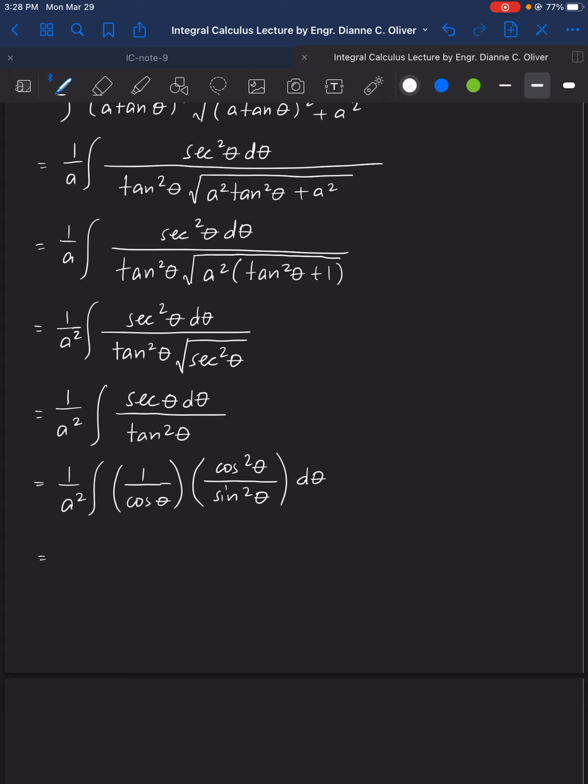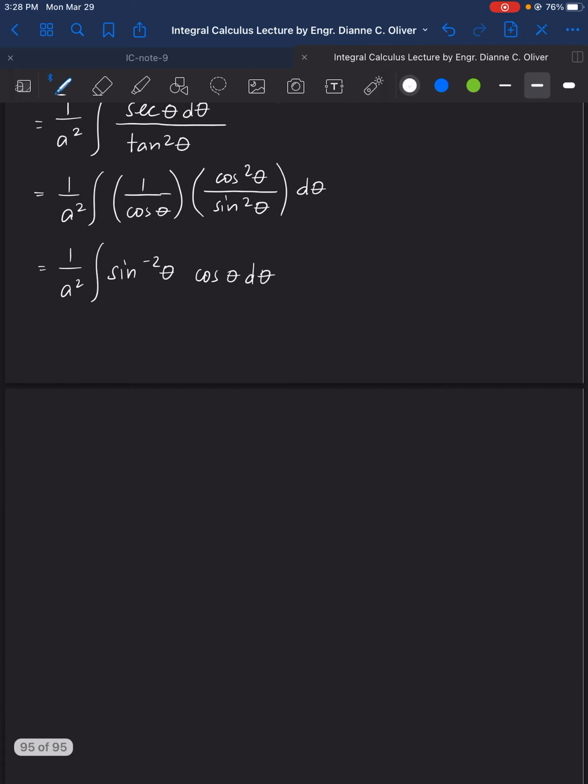Cancel out cosine, then let's put sine squared theta on the numerator, so 1 over a squared, it becomes sine raised to the power of negative 2 theta, then cosine theta d theta.